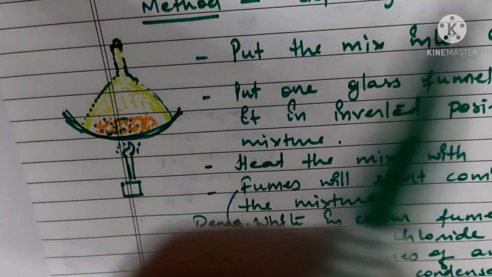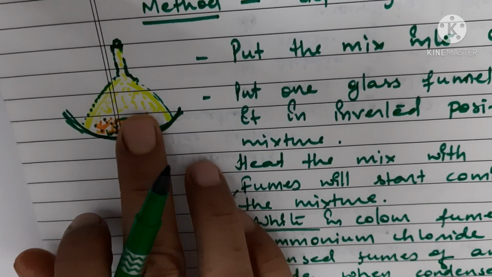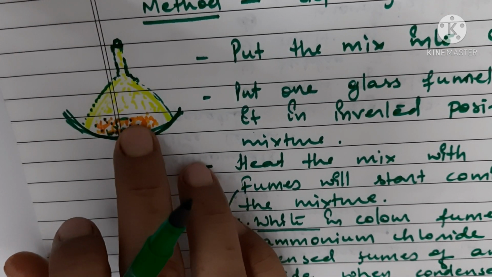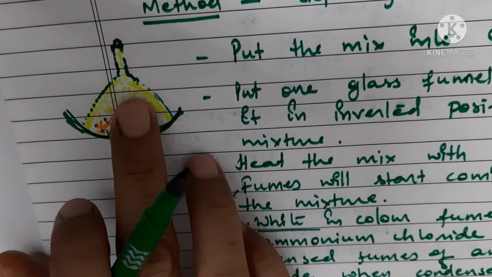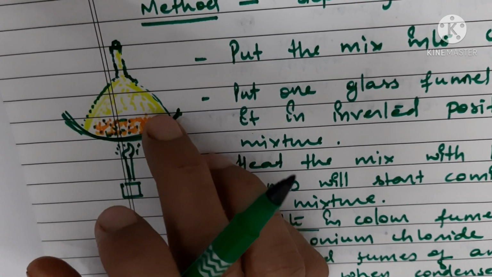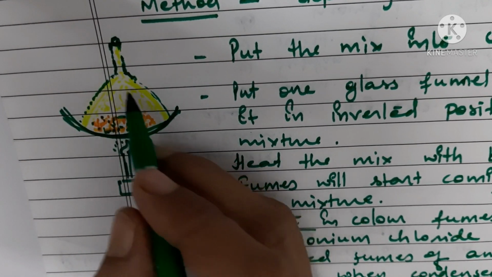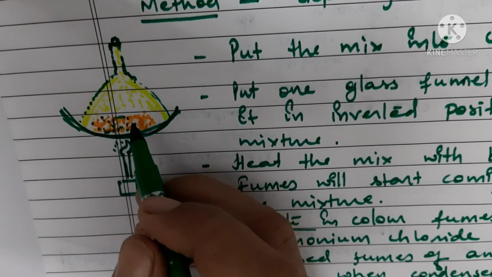Once the fumes stopped coming out of this mixture, just take the funnel out and scrape this fine powder, and you will get ammonium chloride.